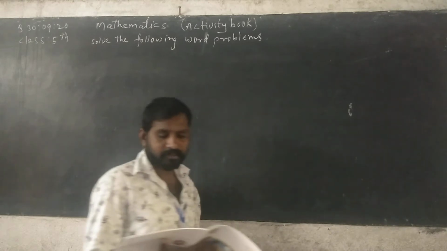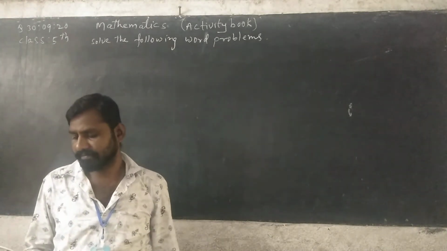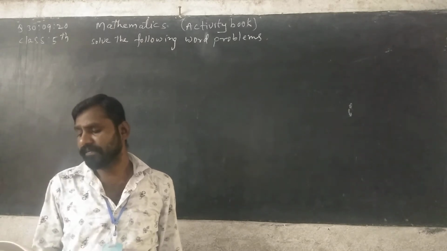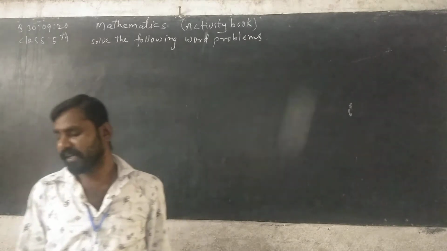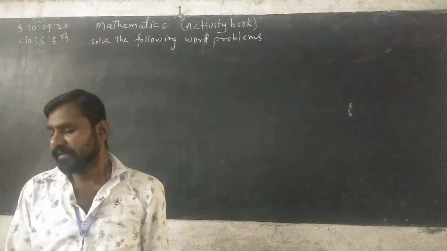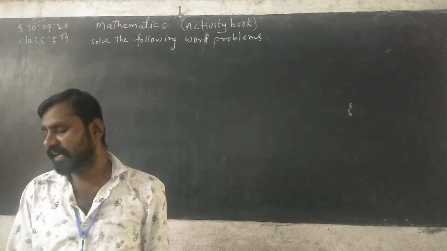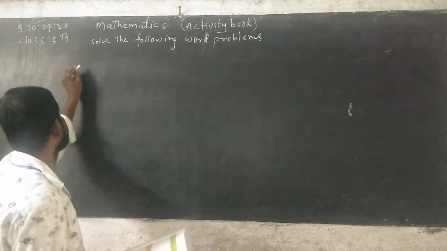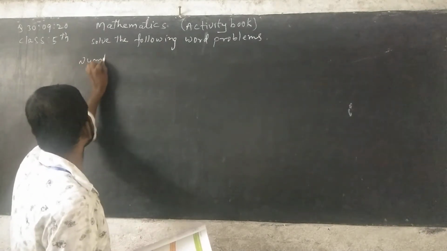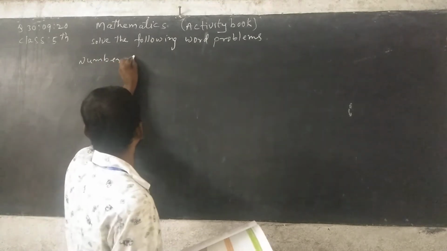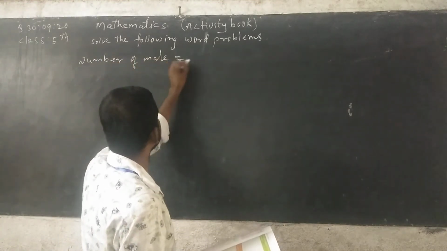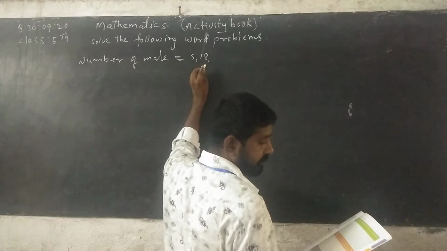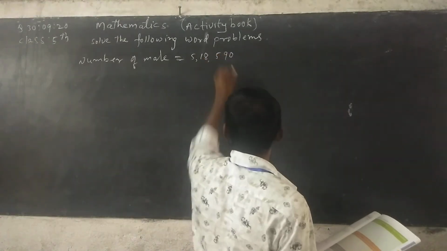See here, the male and female population of Nagpur is 5,18,590 and 5,15,768 respectively. What is the total population? So the number of males is equal to 5,18,590.